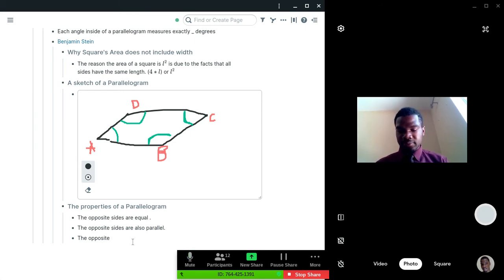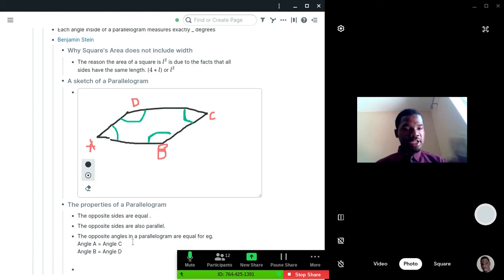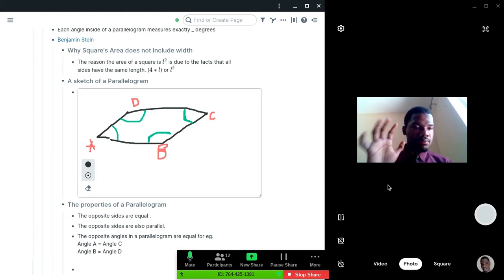The opposite angles in a parallelogram are equal. For example, angle A equals angle C and angle B equals angle D. Alright, in any shape, all angles must add up to how much?